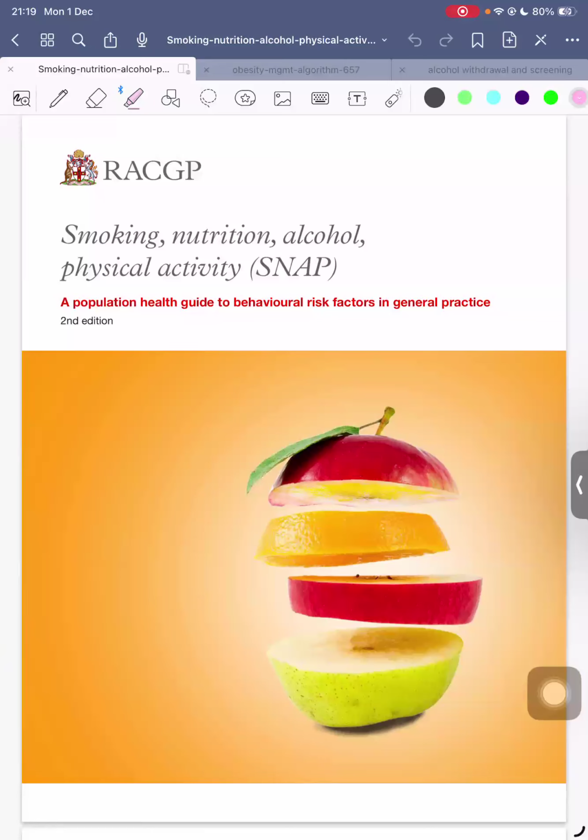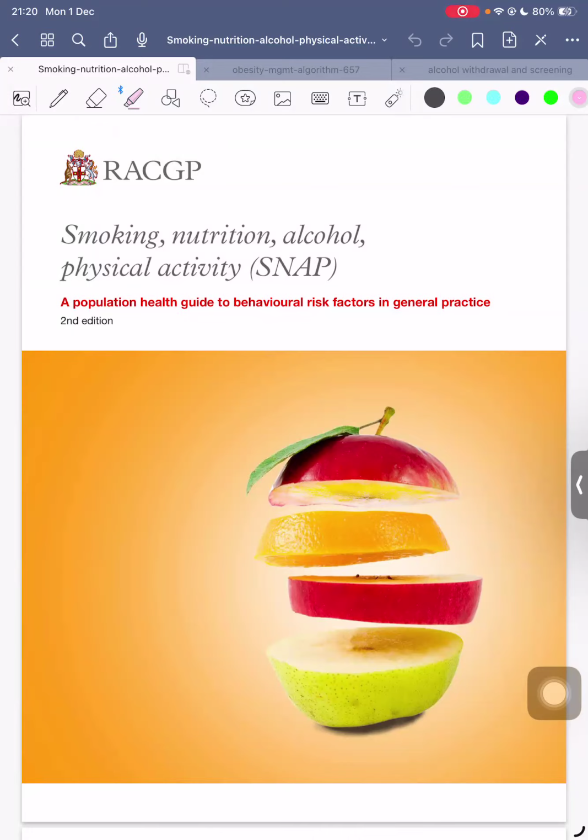SNAP is an acronym, okay? S means smoking, N means nutrition, A means alcohol, P means physical activity. Usually in the SNAP guideline, they are mainly focusing on these major lifestyle risk factors in Australia.